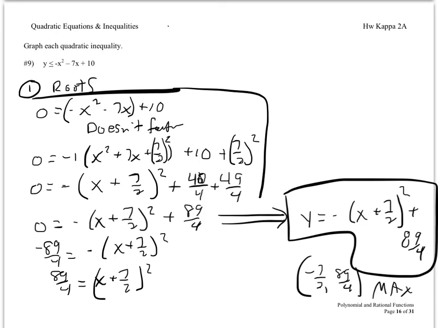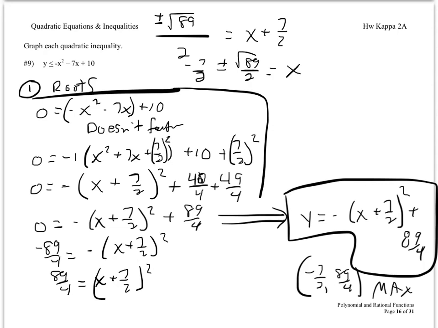The square root of 89 is not a perfect square. So let's just say square root of 89, plus or minus. Square root of 4 is perfect, that's 2. And the right side would be x plus 7 halves. You subtract 7 halves from both sides, and our x-intercepts are going to be negative 7 halves plus or minus square root of 89 halves.